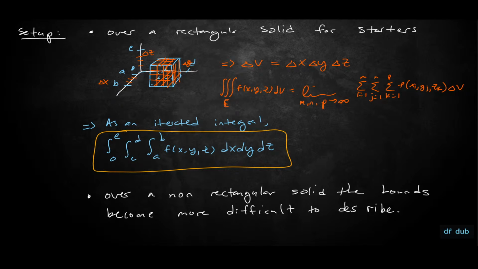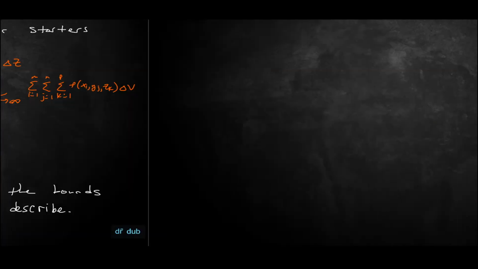Let's say you have a paraboloid bounded above by some kind of plane or something like that. You have to think about those bounds and try to find them. But let's just do an example where we do have a nice box first, and then we'll do an example where we don't have a box.